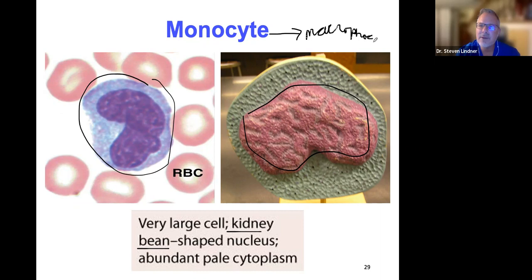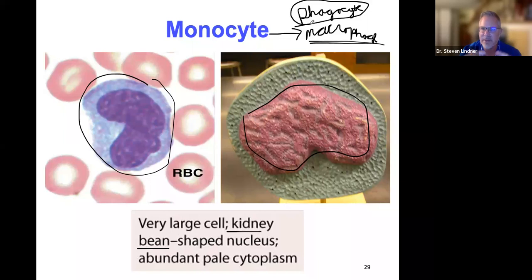A macrophage, or a phagocyte, C-Y-T-E. So monocytes become macrophages, and macrophages are just large eating cells, and that's what a phagocyte does, or phagocytosis. It means cell eating or cell engulfing.